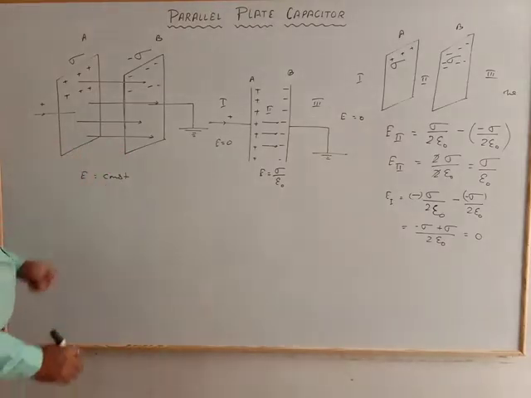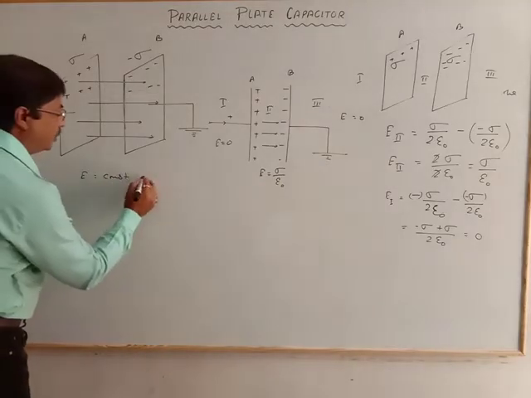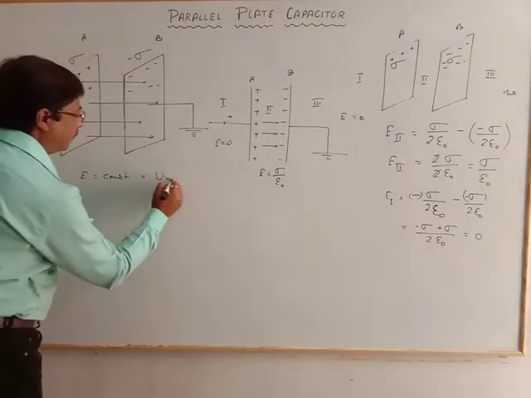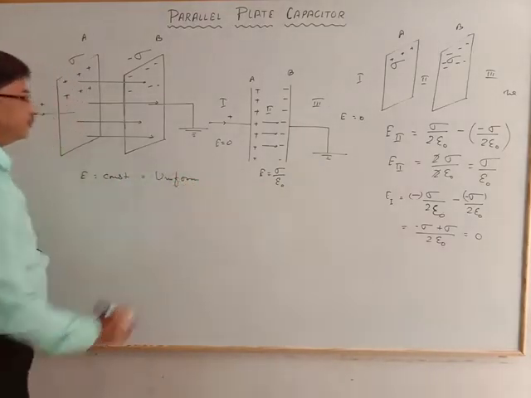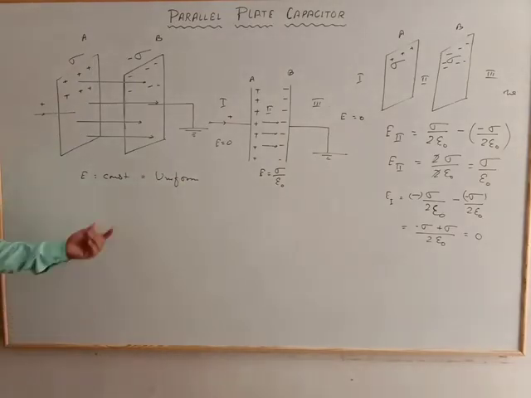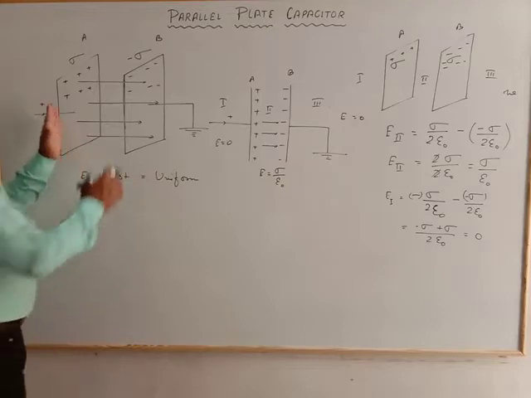That is, the electric field value is uniform. Constant means uniform. The electric field is uniform throughout.